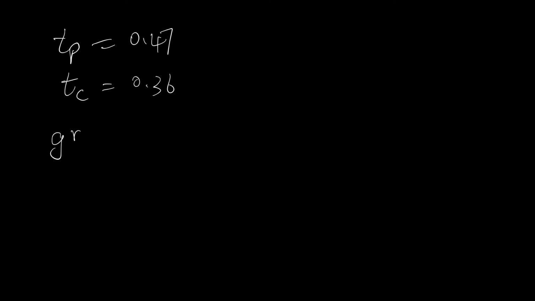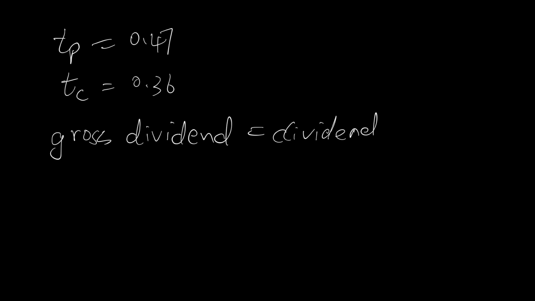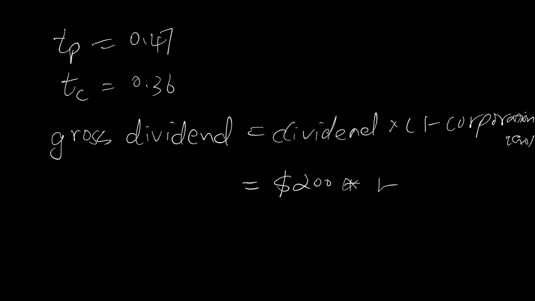Now to calculate this, first we need to calculate the gross dividend, the dividend before corporate tax. So I will write this equals the franked dividend before corporation tax. So this will equal 200 times 1 minus 0.36, and this gives us $312.5.